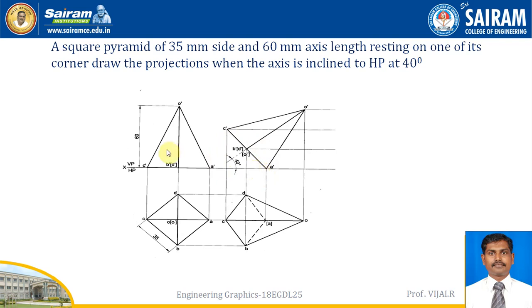Okay, so when tilting the pyramid for the axis inclination, concentrate on the base rotation angle. So now it is going to be rotated with A, that is confirmed. So we are going to rotate this pyramid. This base should create an angle, okay, in addition to this 90 minus this 40, that is 50 degree.